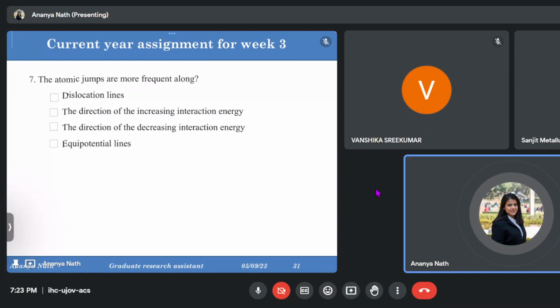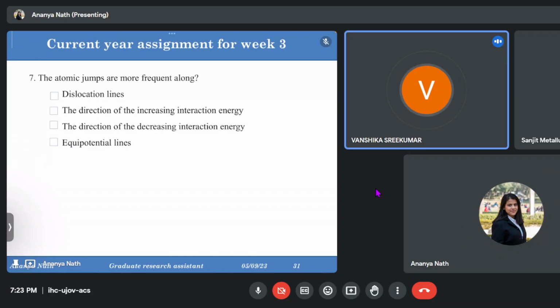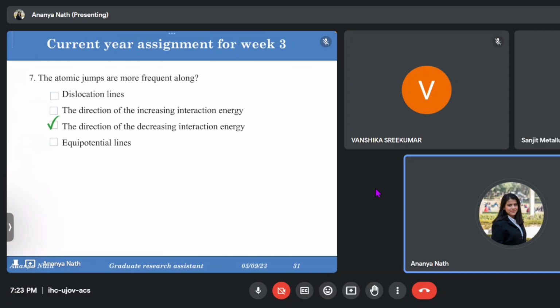The atomic jumps are more often along the direction of the decreasing interaction energy. Yes.